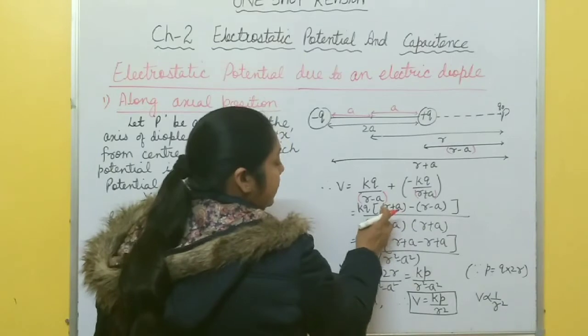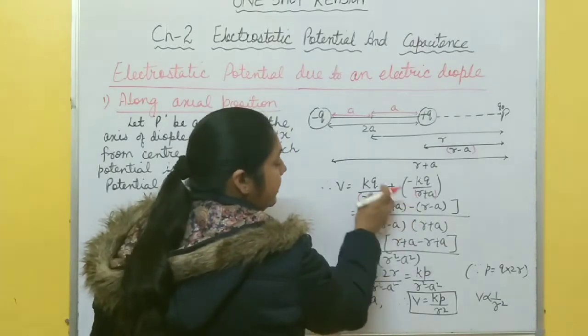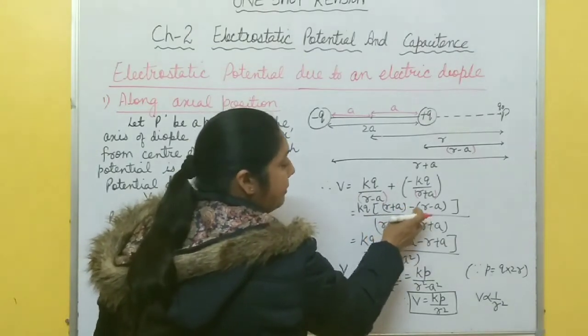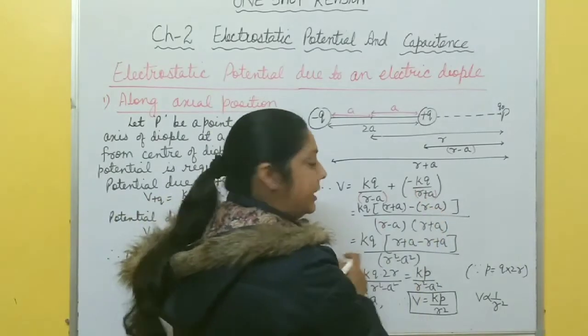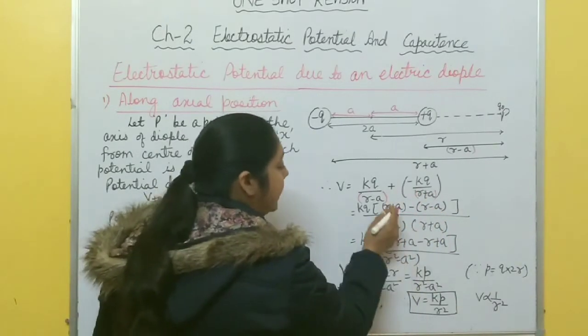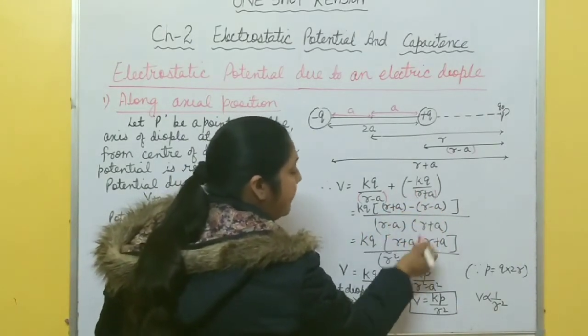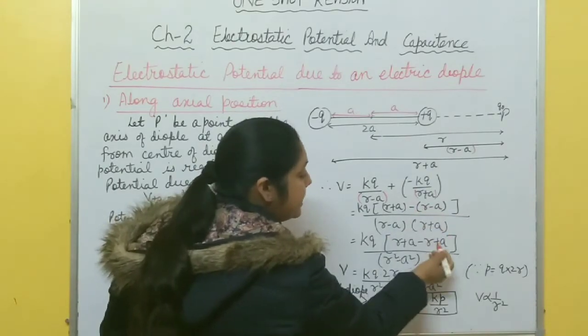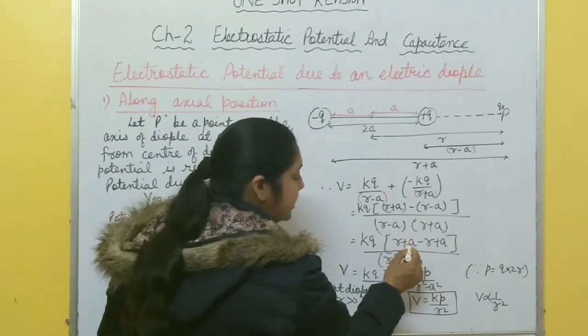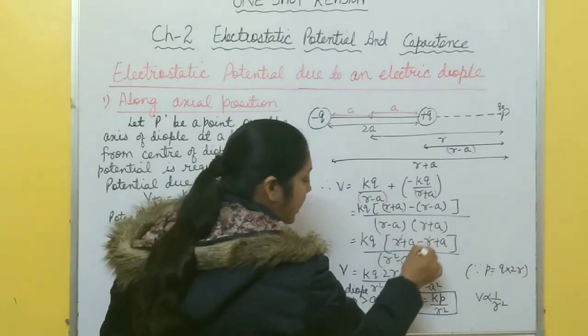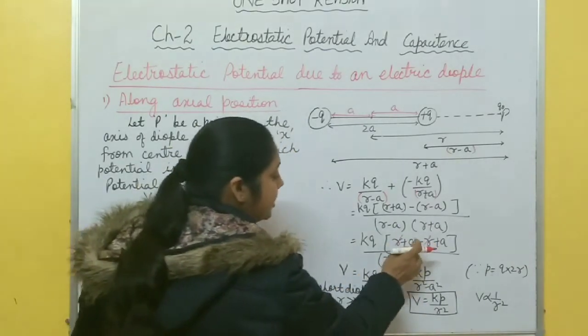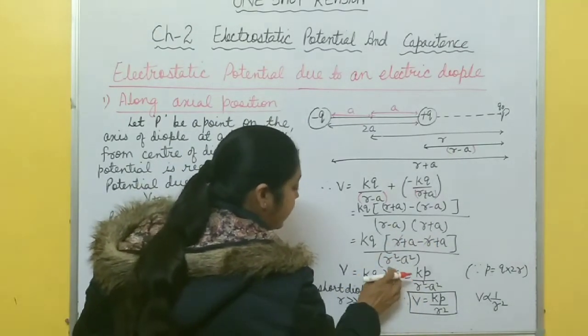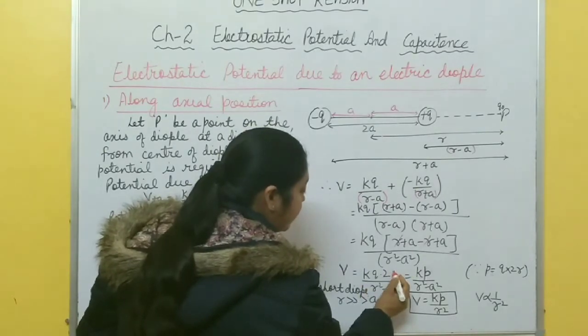The numerator becomes r plus a minus r minus a. Just open the bracket: it becomes r plus a minus r plus a. The r's cancel each other, and it becomes just twice a.